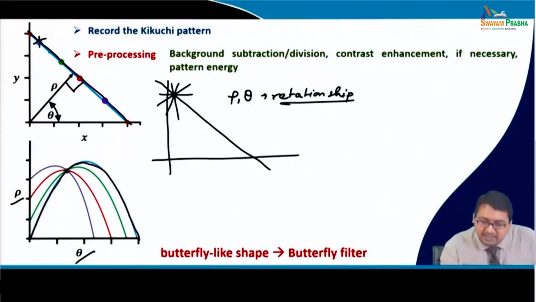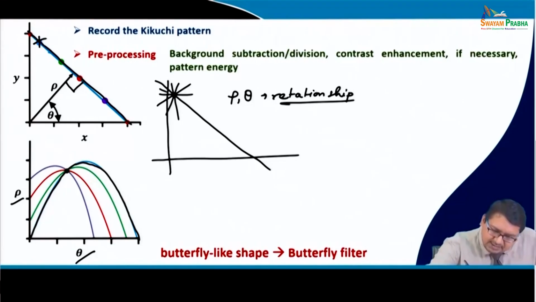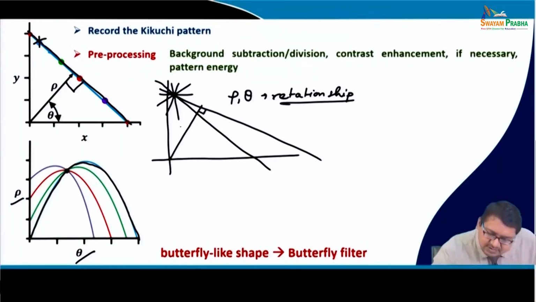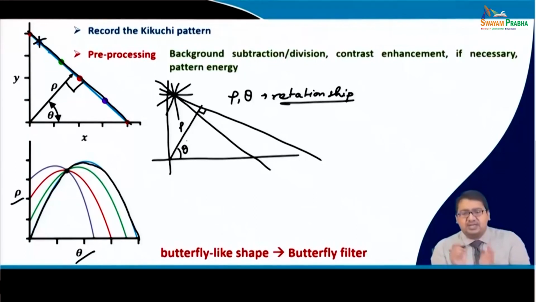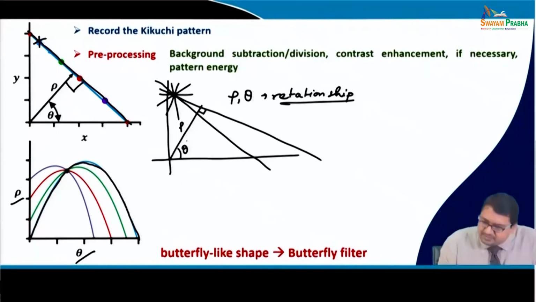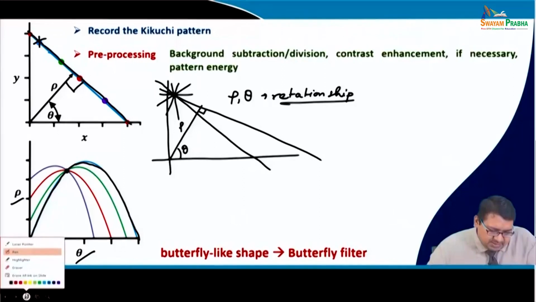That means, if we take any line like this, it will have a certain rho theta for which that line will be perpendicular to, and therefore, each point, let me change the color, right. So, here it is blue.